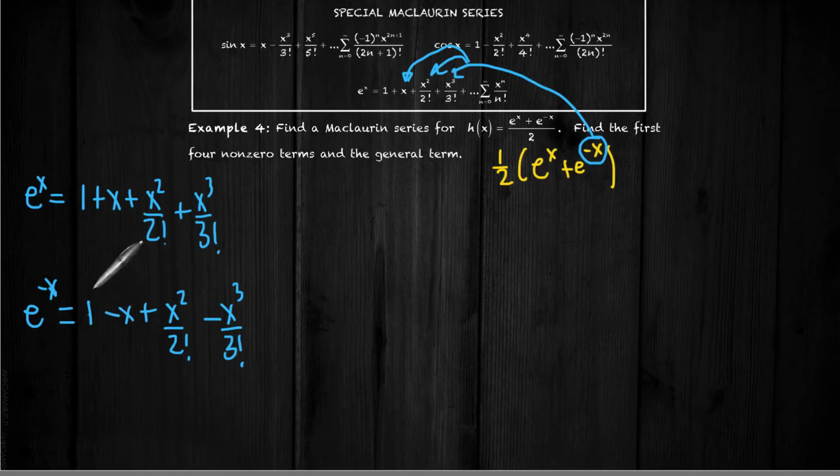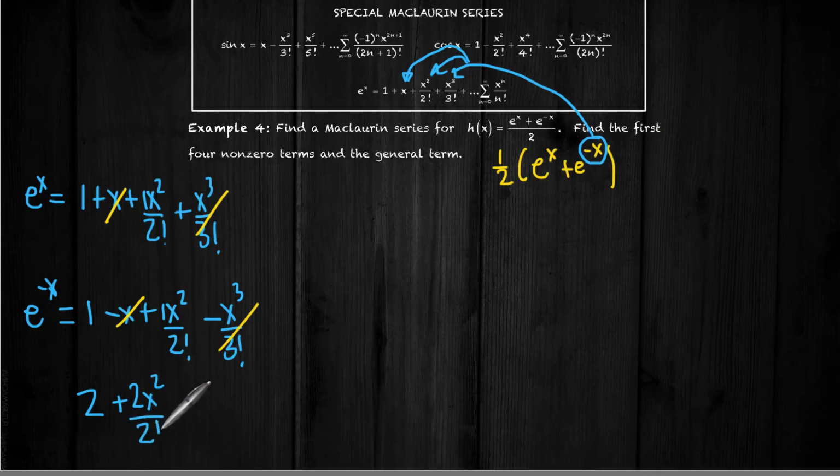And if we add these together, we will notice that the x and the negative x cancel, the x cubed and the negative x cubed cancel, and if we add the terms that are left together, we get 2, and then maybe it'll help us if we put this as a 1 and a 1. The common denominator is 2 factorial, so all we need to do is add up the numerators. So 1x squared plus 1x squared is 2x squared, and we keep the common denominator.